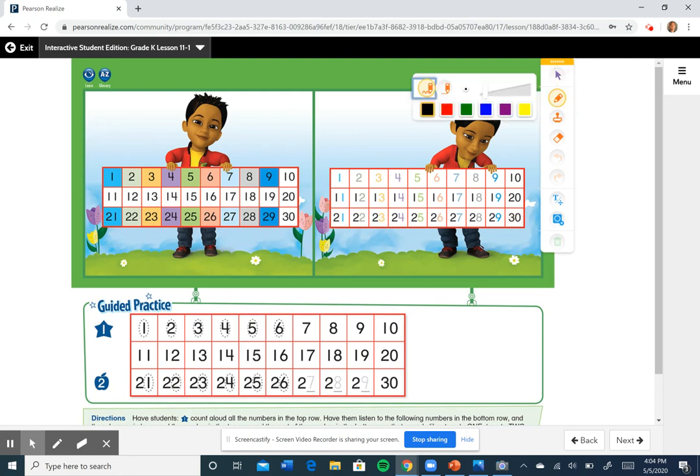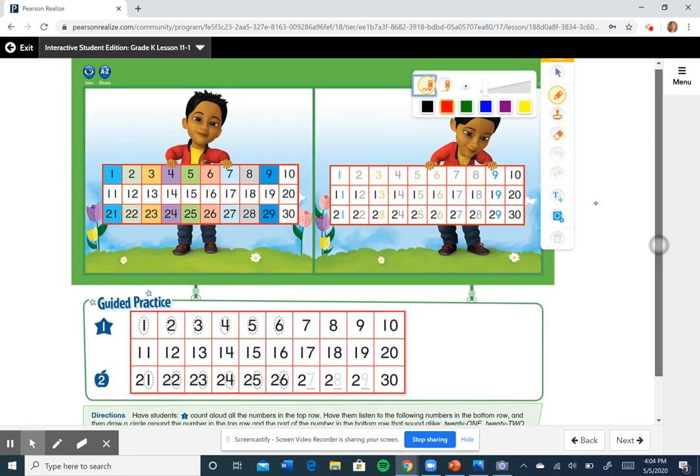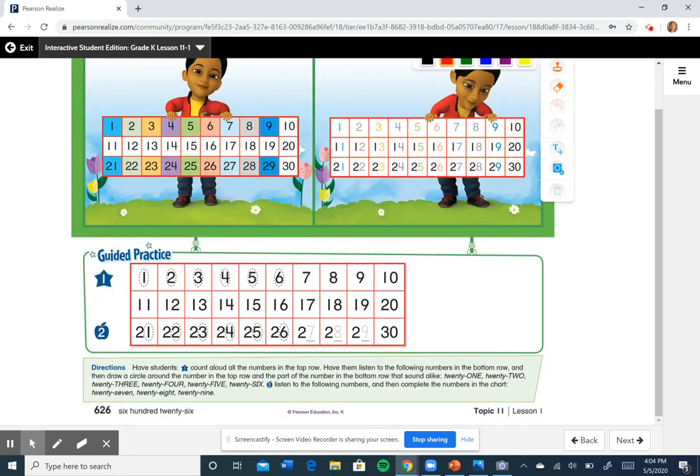So on number 1, down at the bottom, you are supposed to count out loud and read the numbers in the top row. And then you are going to circle around the numbers in the top row and part of the numbers in the bottom row that sound alike.